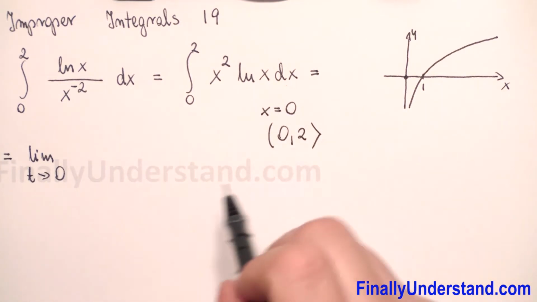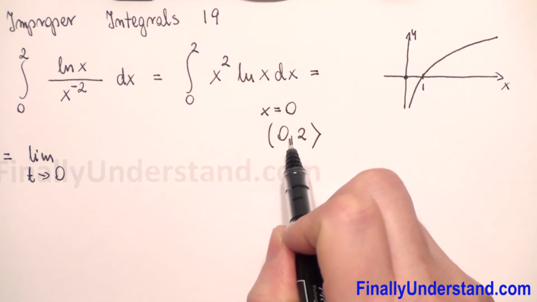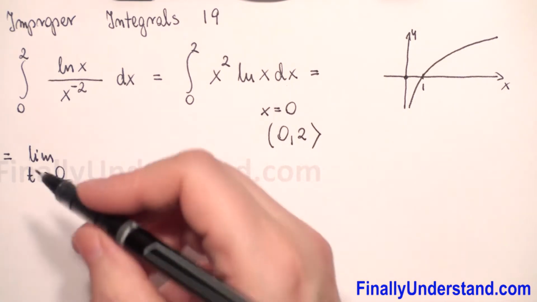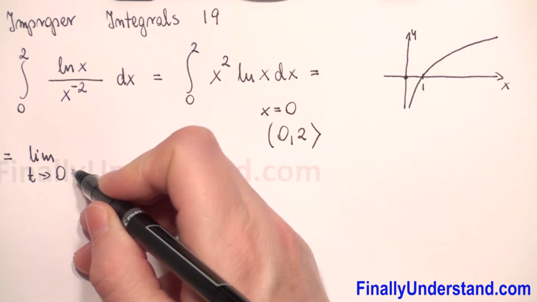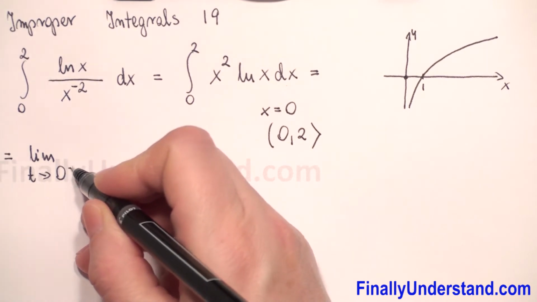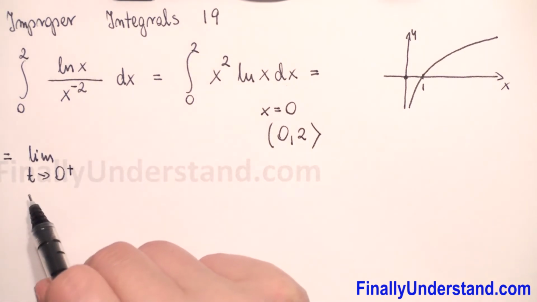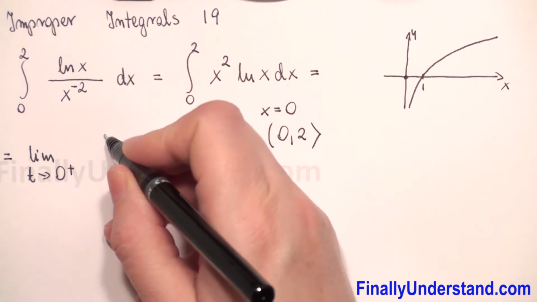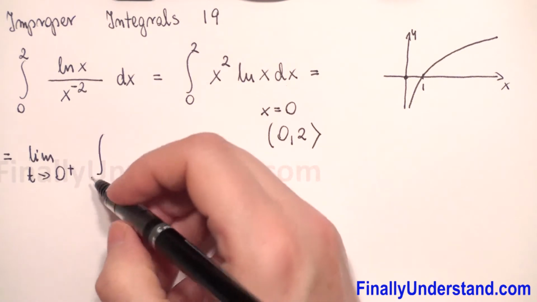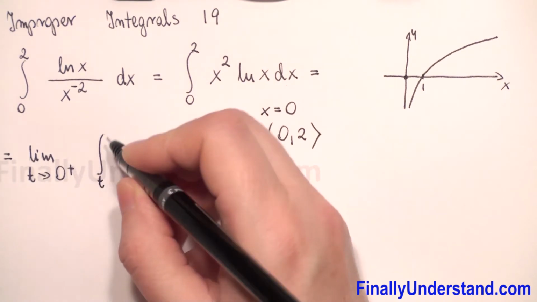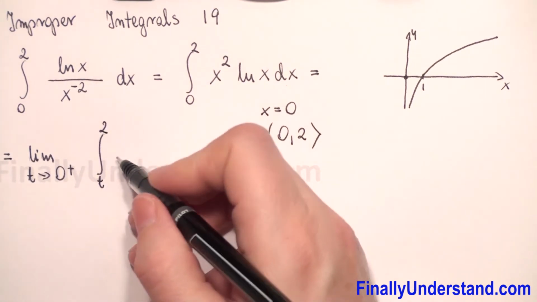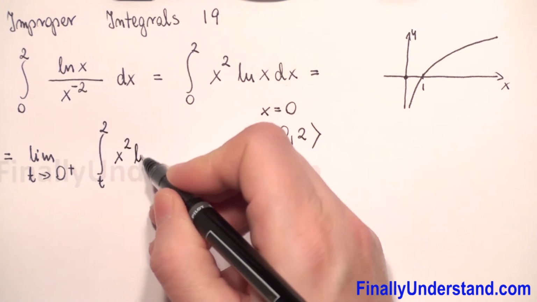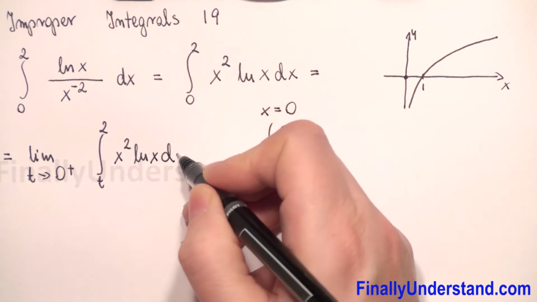So when we are going to 0, we are going from the right side, so we have to use right hand limit. So we have t goes to 0 from right. And now we can rewrite our integral from t to 2 of x squared natural logarithm of x dx.